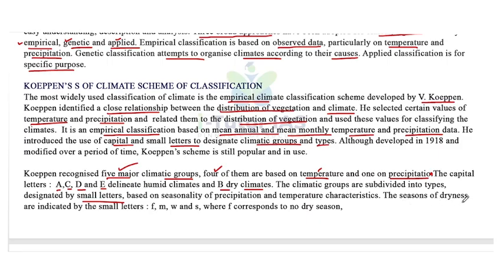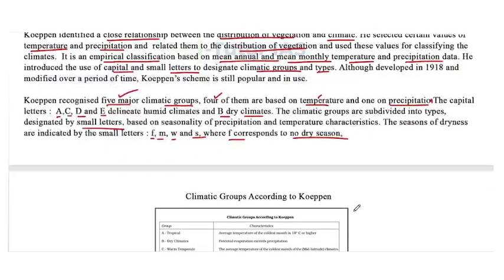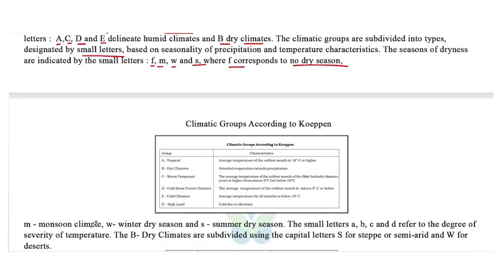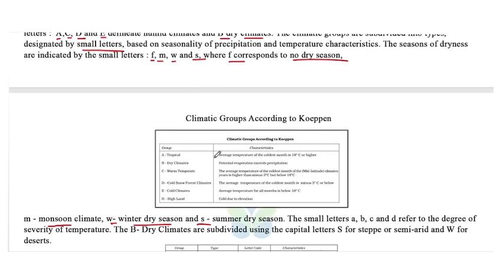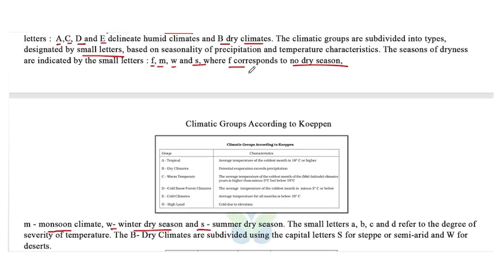These seasons of dryness are indicated by small letters f, m, w, and s, where f corresponds to no dry season, m denotes monsoon climate, w denotes winter dry season, and s denotes summer dry season.